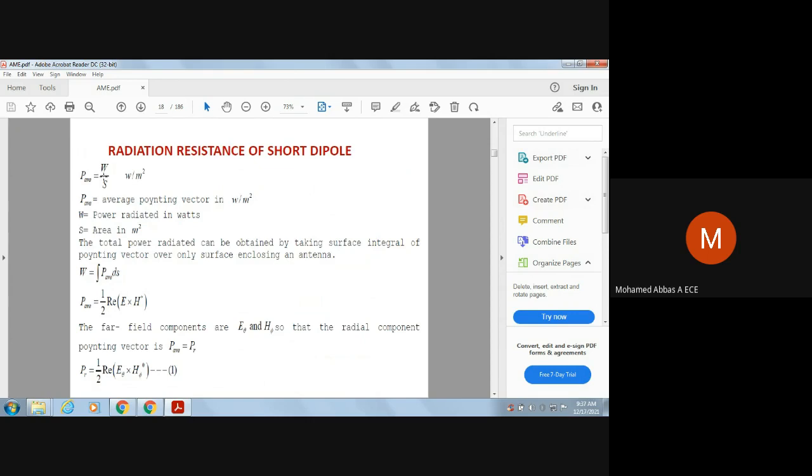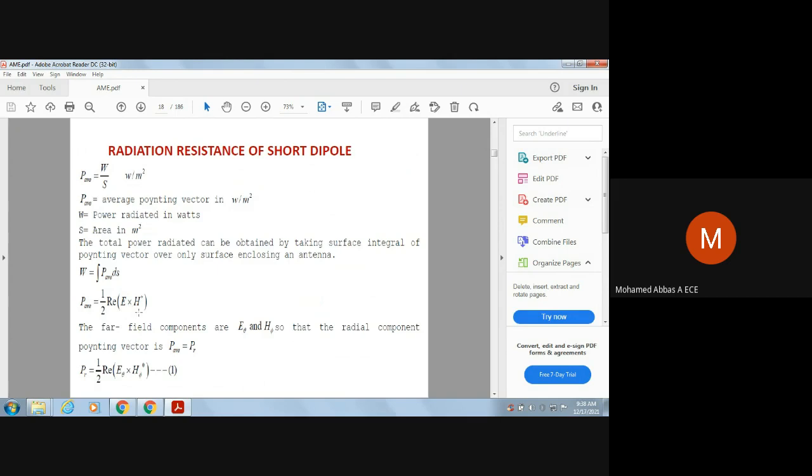We can calculate the total power radiated by taking the surface integral of the Poynting vector over the surface enclosing the antenna. So you can write W is equal to the integration of the average Poynting vector into ds. You have one more formula: the average Poynting vector is equal to 1 by 2 into real part of E cross H conjugate.